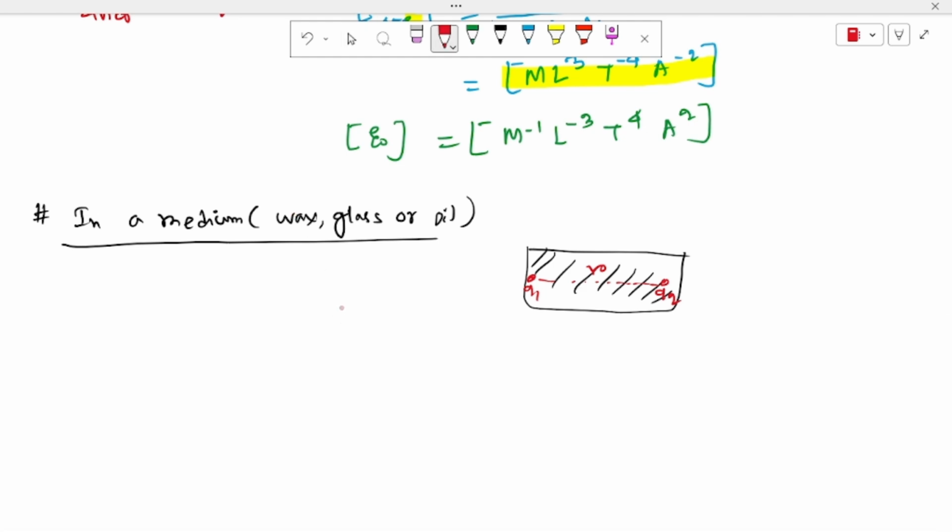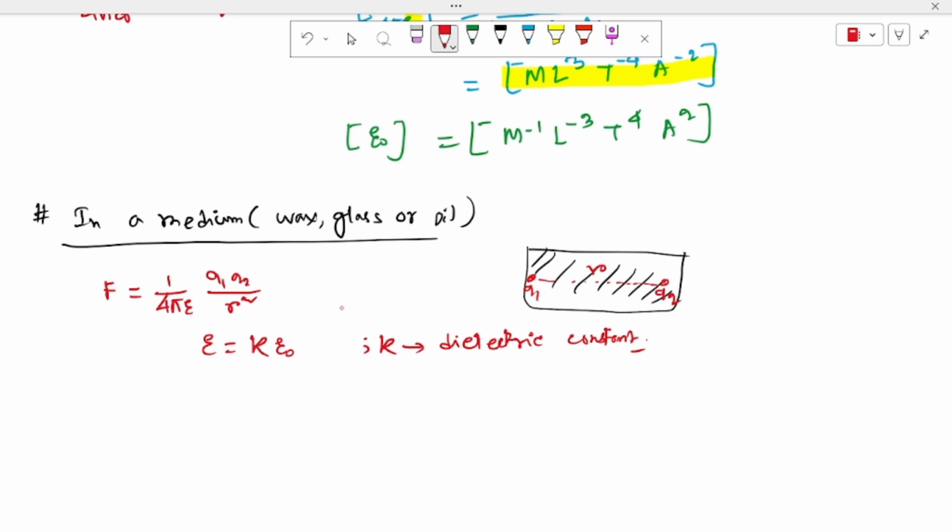So in a medium, the expression of force is equal to 1 by 4 pi epsilon Q1 Q2 by r square, where epsilon is equal to kappa times epsilon naught, where kappa is called the dielectric constant.